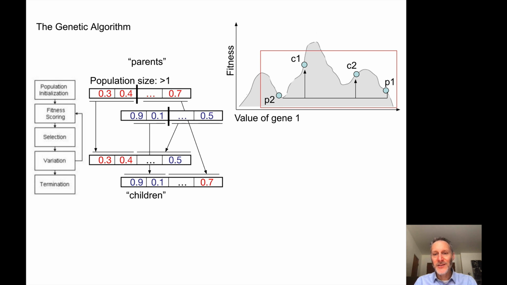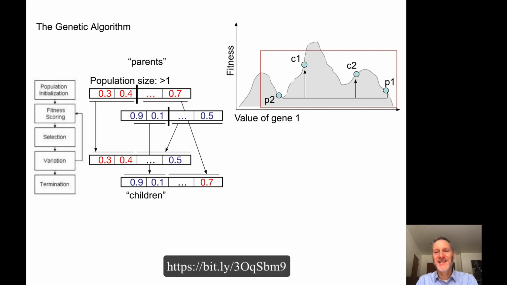Every organism on Earth is good enough to survive and sometimes reproduce. Biological evolution is not an optimizer, it's a satisficer. Same thing goes for evolutionary algorithms. They are not optimizers, they are satisficers.